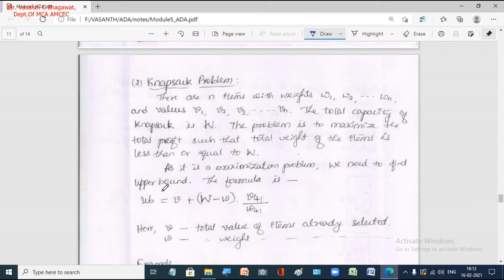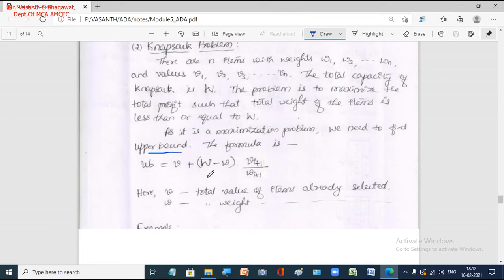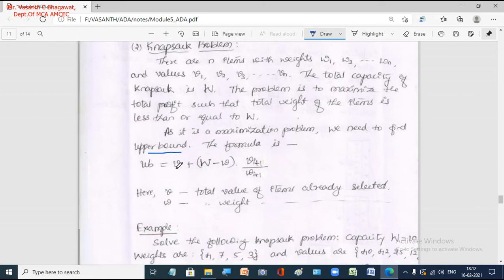Now how are we going to find the upper bound? To find the upper bound for the knapsack problem, you are going to use this particular formula. Upper bound is equal to v, where v is the profit, plus capital W, the maximum capacity of the knapsack, minus small w, the weight of the individual item whichever item you have selected.